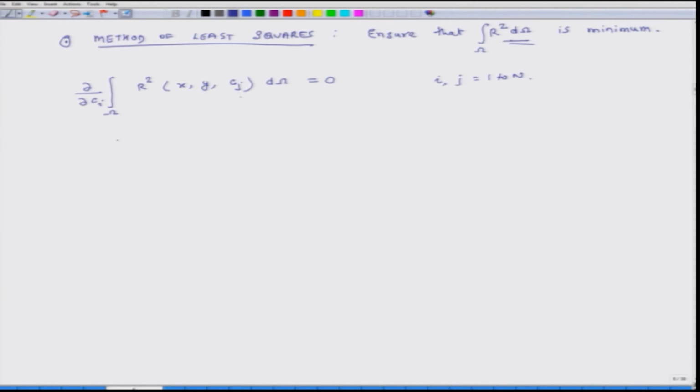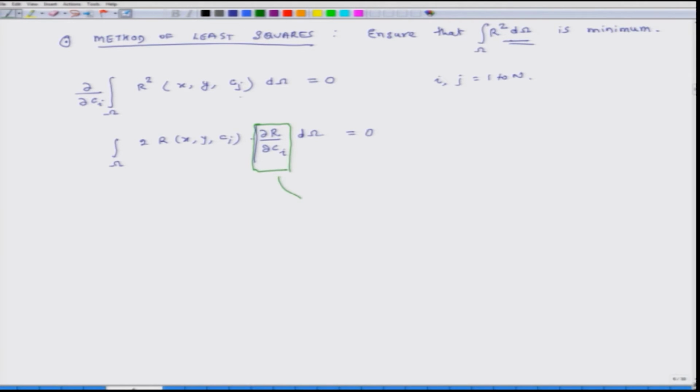So, what that means is 2R times the derivative of R with respect to Ci equals 0. Look at this term in green.